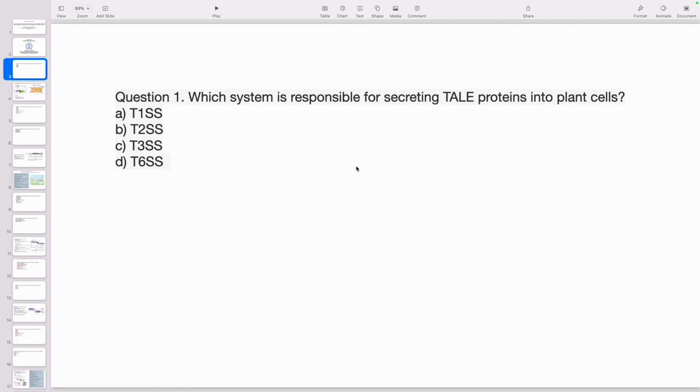The correct answer for this question is option C, T3 secretion system.